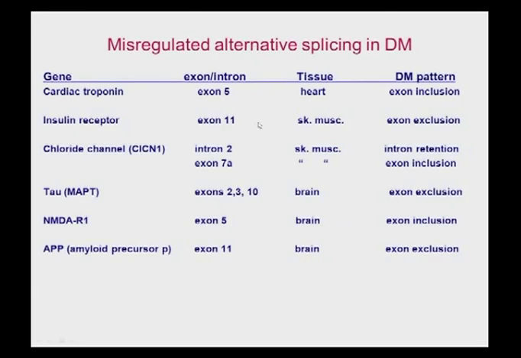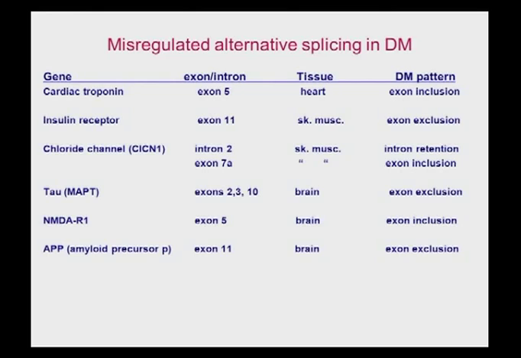Here are some of the proteins that have misregulated alternative splicing: cardiac troponin is one, insulin receptor, chloride channel, tau, which we talked about previously. Another brain protein is the NMDA receptor. This is one of the common glutamate receptors in the brain, and glutamate is one of the major excitatory neurotransmitters in the brain. So this seems to have an alternative pattern.